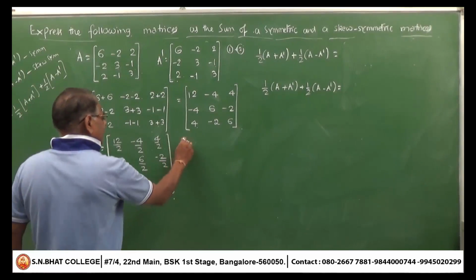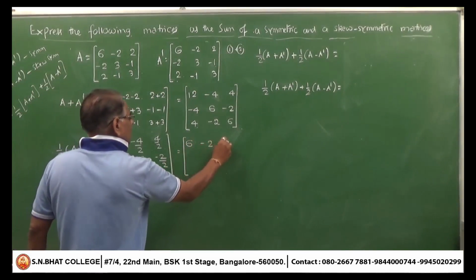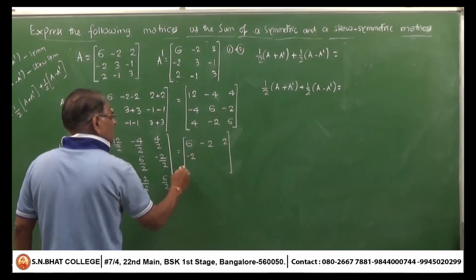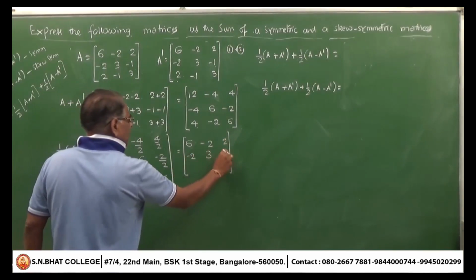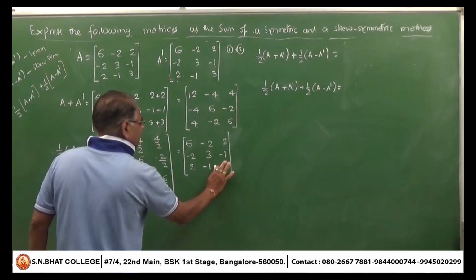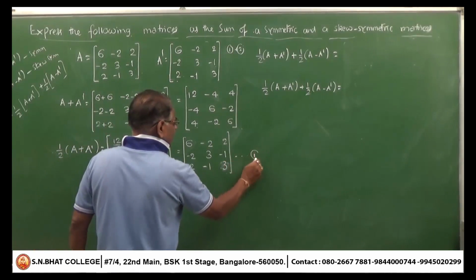Simplify. 12 by 2 is 6, minus 2, 2; minus 2, 3, minus 1; 2, minus 1, 3. This is equation number 1.